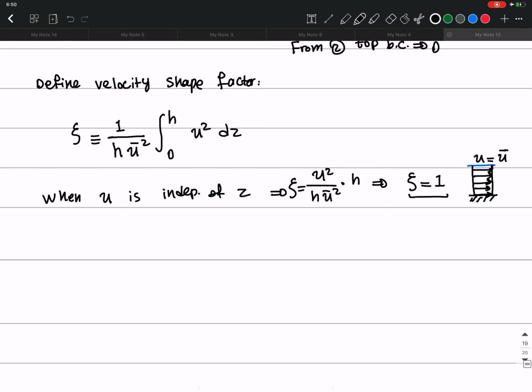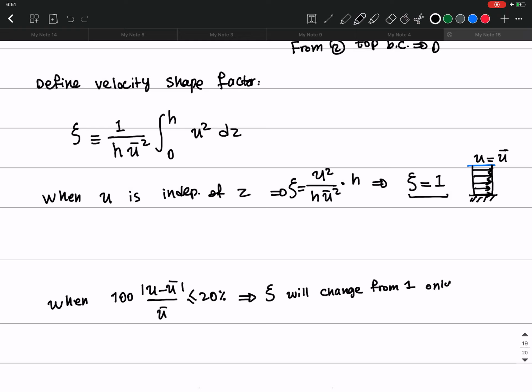Also, in most of the applications that we do, when the difference of the velocity from its average is less than 20%, then Kc will only change from 1 by about 4%.